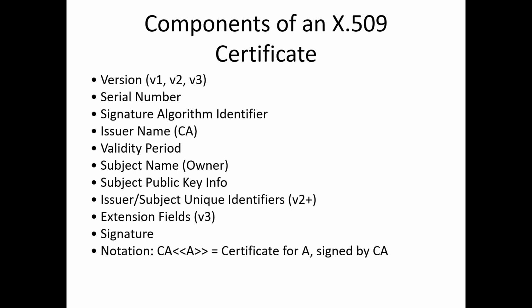Next one is the serial number, a unique number for each certificate issued. Suppose we have a driving license: everyone's serial number is different and unique, because each and every driving license has a unique number. So through that unique number we can identify the user.